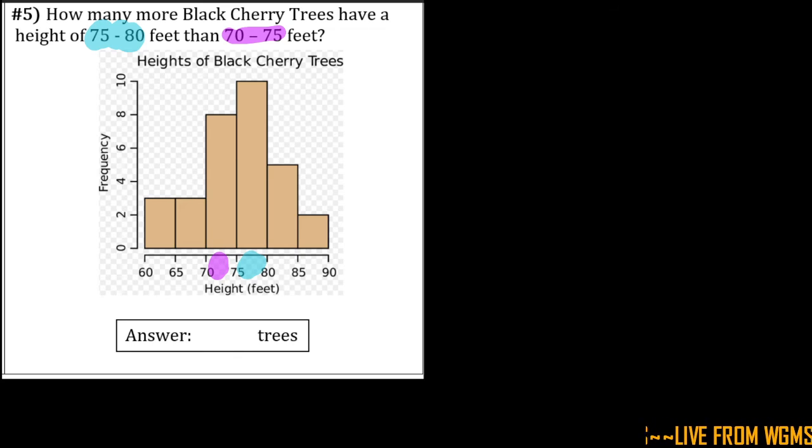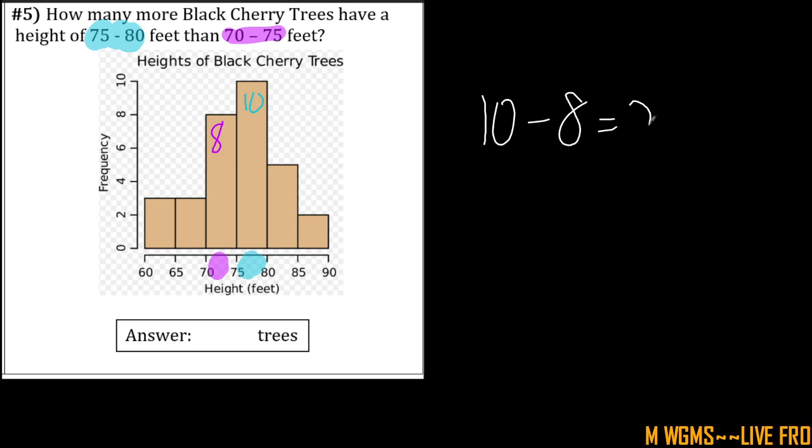So let me write the values that go along with that. So I have 75 to 80, that is 10, where the 70 to 75 is only 8. So very simply, I can do just this. I can take and say I have 10 minus 8, which is 2. So I'd say there is a difference of 2 trees.